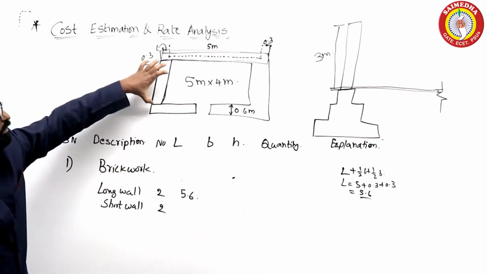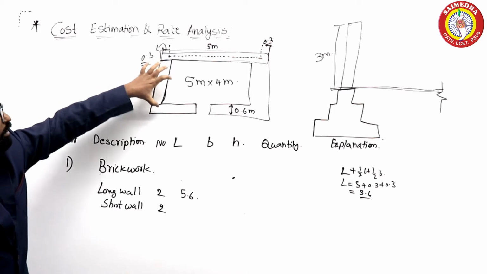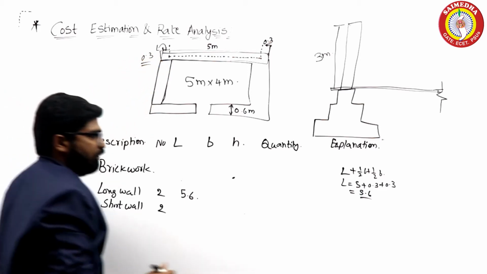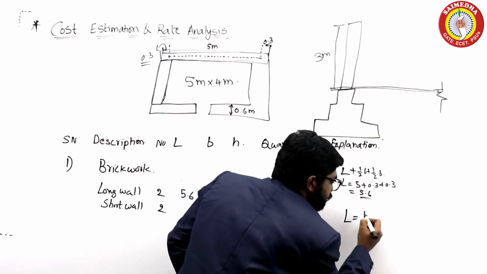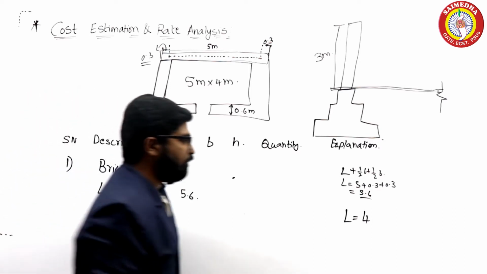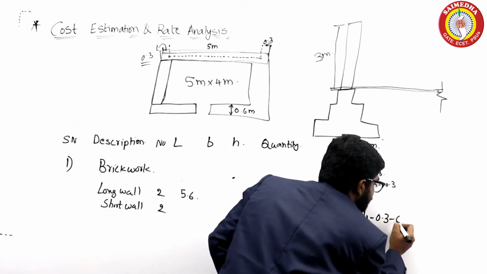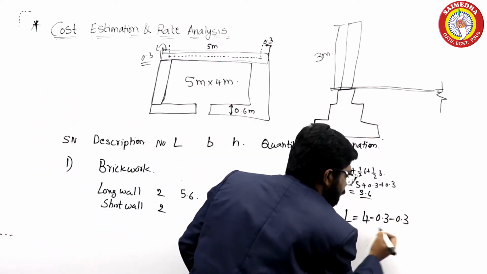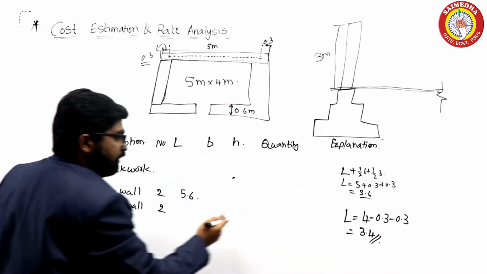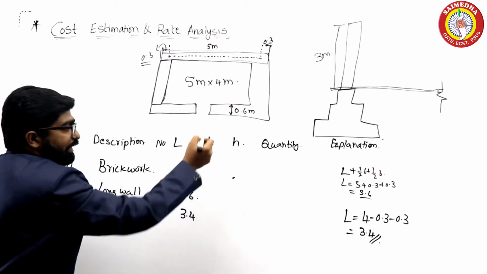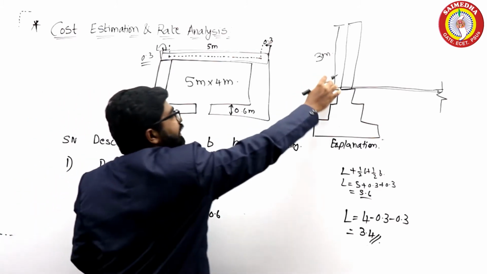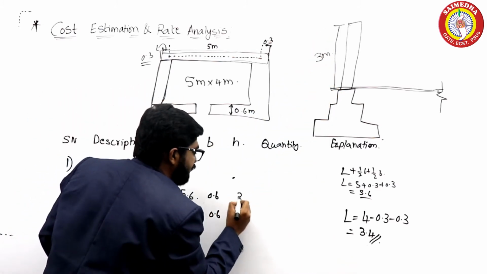For the short wall length, I need to take the total length of the short wall, that is 4, and subtract the breadth twice, so minus 0.3 minus 0.3, which gives me 3.4, right? So the length of the short wall is 3.4 and the breadth is 0.6 and 0.6. Height, we can take from the elevation, that is 3 meters and 3 meters.